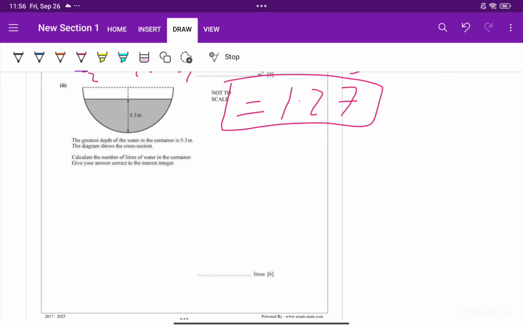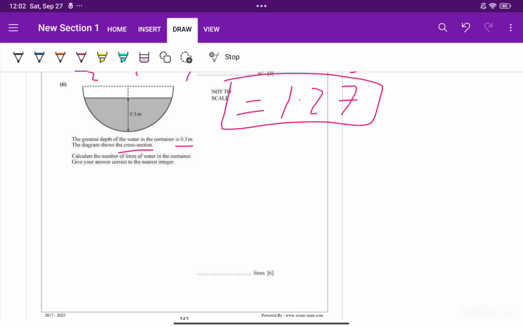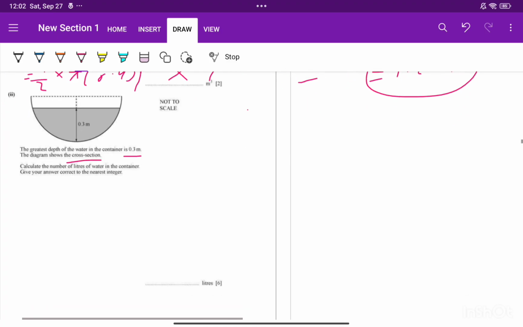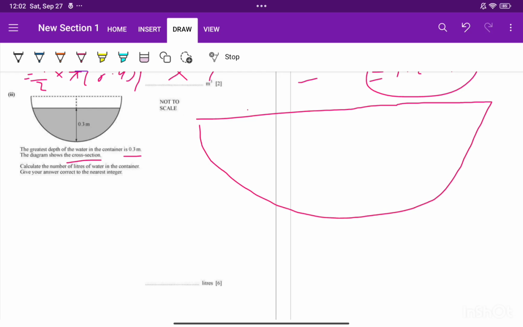Okay, this part: the greatest depth of the water in the container is 0.3. The diagram shows the cross section. Calculate the number of liters of water in the container. Give your answer correct to the nearest integer. Okay, so I should erase this. This answer was 1.27, I'm writing the answer for you. Let me draw this shape again so I can explain more nicely.